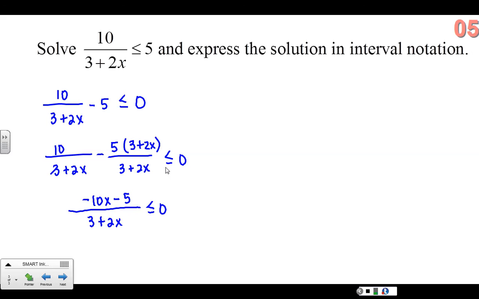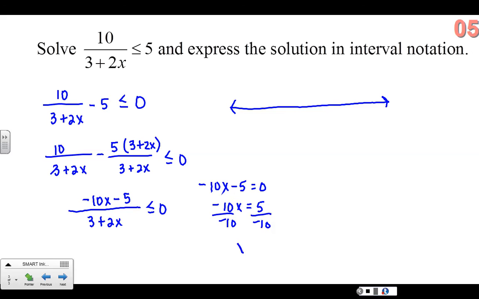So we need to see what our test points for our number line are going to be, what our critical numbers are. What number would make the numerator equal to 0? Well, if I set this equal to 0 and solve it, we add the 5, divide by negative 10, so negative 1/2 is going to be one of our critical numbers.